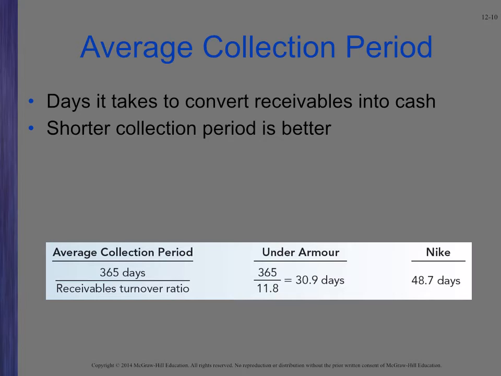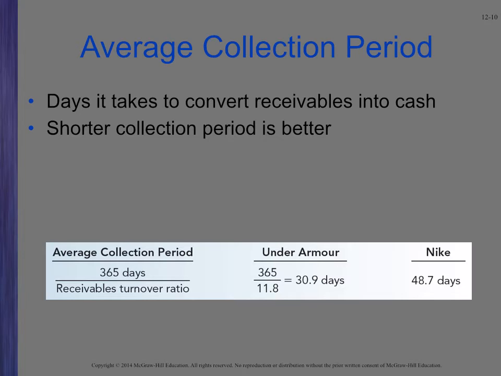So it takes Under Armour an average of over 1 month, 30.9 days, to collect its accounts receivable, whereas it takes Nike an average of 48.7 days to collect its receivables.